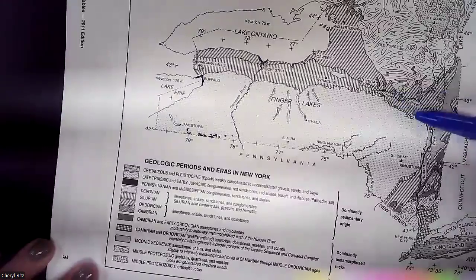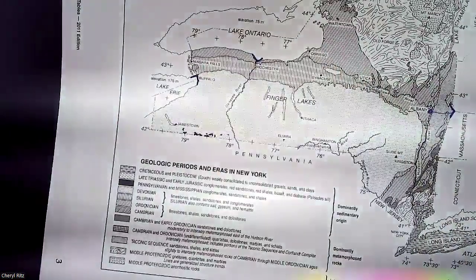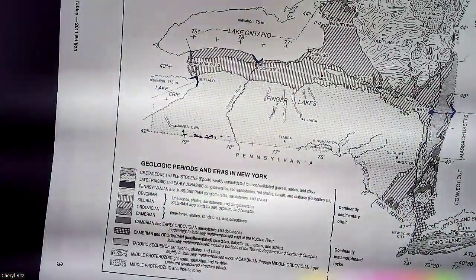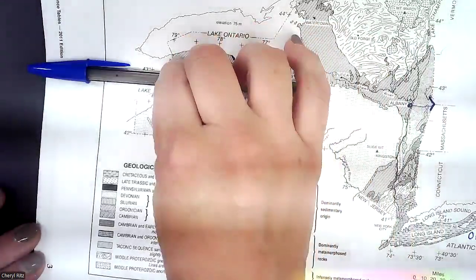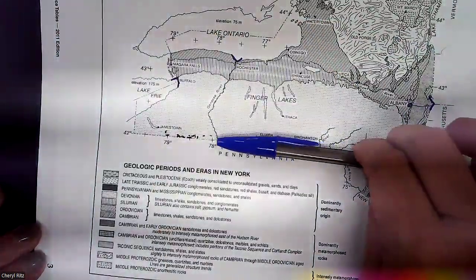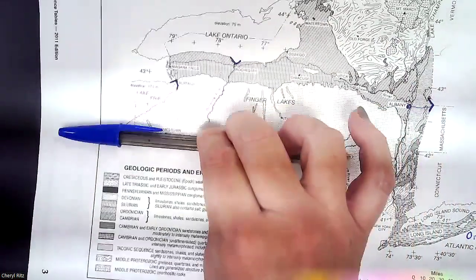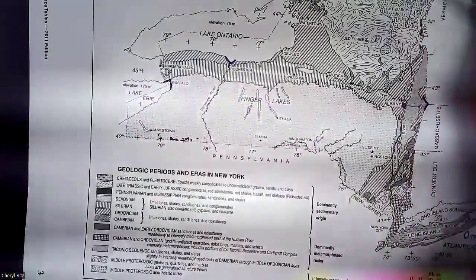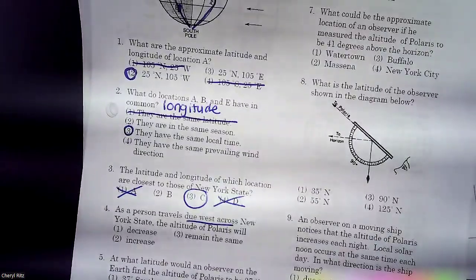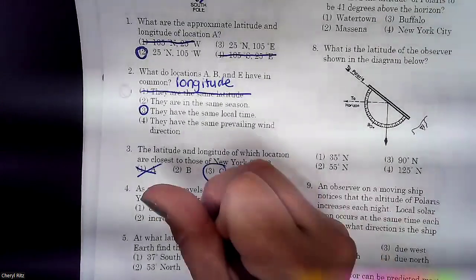You're driving due west across New York State. So if you're traveling due west, does your latitude change? No, I am staying on the same line of latitude. As I go due west, my latitude stays exactly the same. So if my latitude's staying the same, what do I know about the altitude of Polaris? It also stays the same.